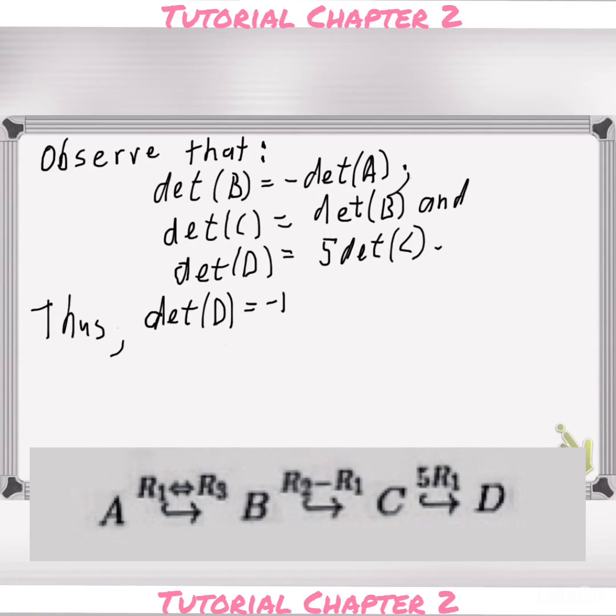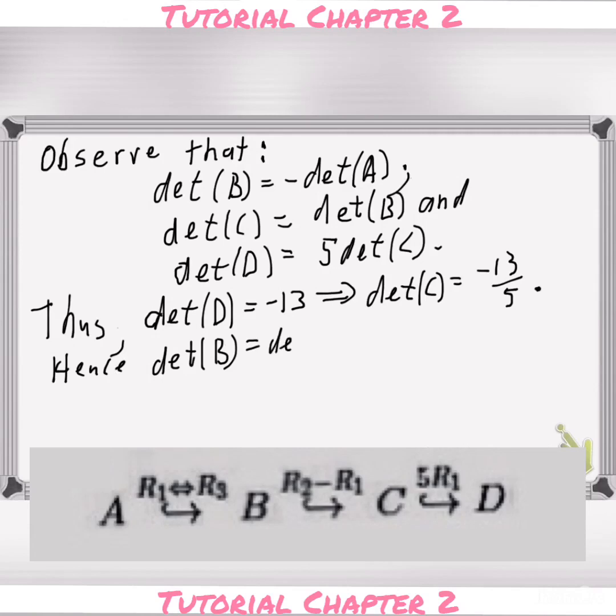And therefore, which implies that the determinant of C is going to be minus 13 over 5, because you solve for the determinant of C. Now, because the determinant of C is minus 13 over 5, it follows that hence the determinant of B, which we said is equal to the determinant of C, is going to be minus 13 over 5.